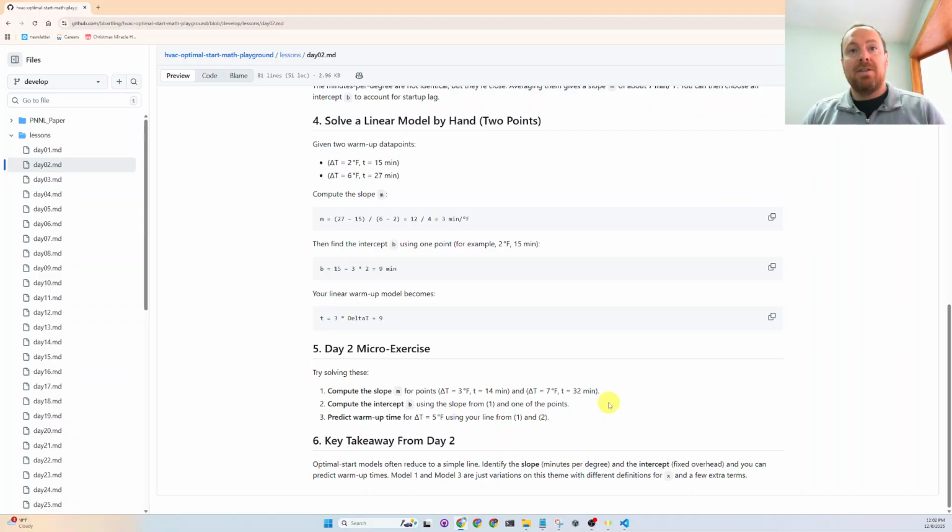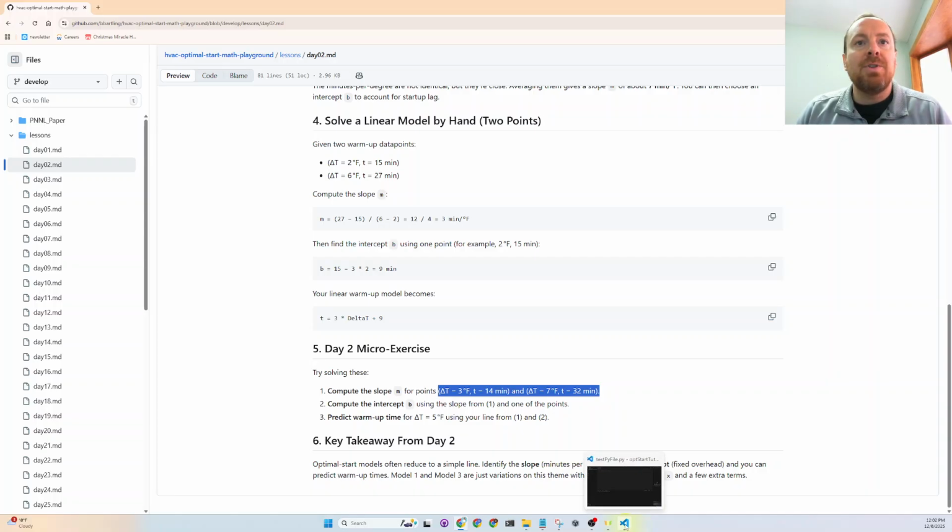That's why in our optimal start blocks, which we'll get into later, we have different data for heating recovery and cooling recovery.